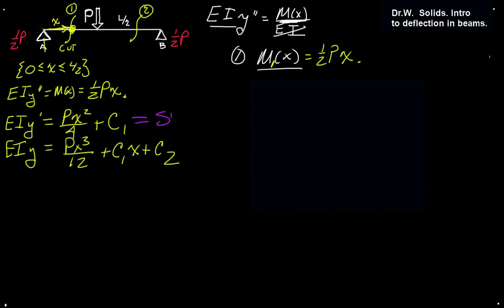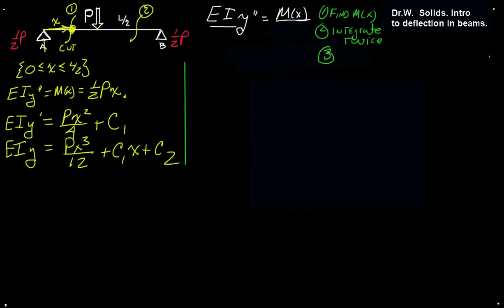This represents the slope, which is a function of x, and this represents the deflection, which is also a function of x, times EI. If we can figure out these constants of integration, we'll have the functions that will describe these.